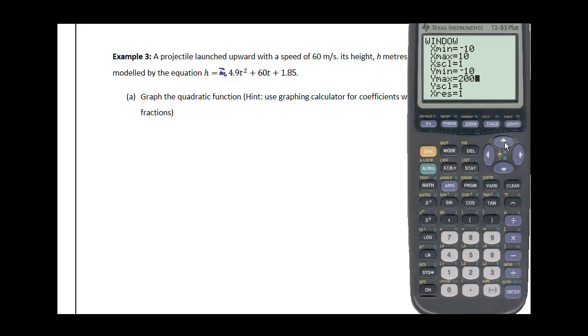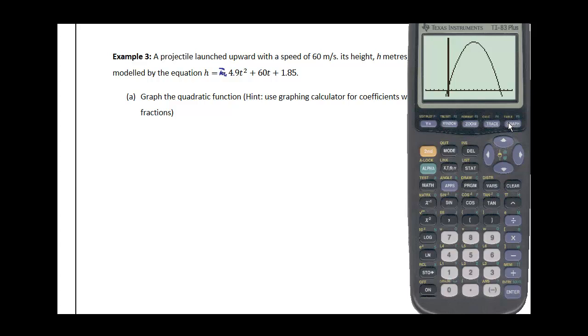And maybe change our min a little bit too, maybe make it a little smaller at negative 20 or something. And let's alter our x values too. Let's make this a little bigger at 15 and a little smaller with negative 5. Let's see if that will give us a better view of our graph here. Alright, so go back to graph. Ah, voila, we can see it now.